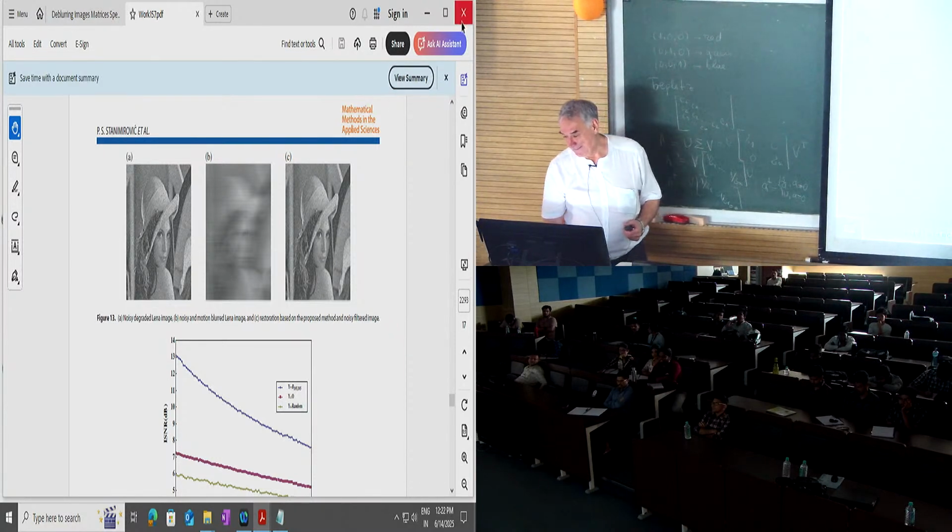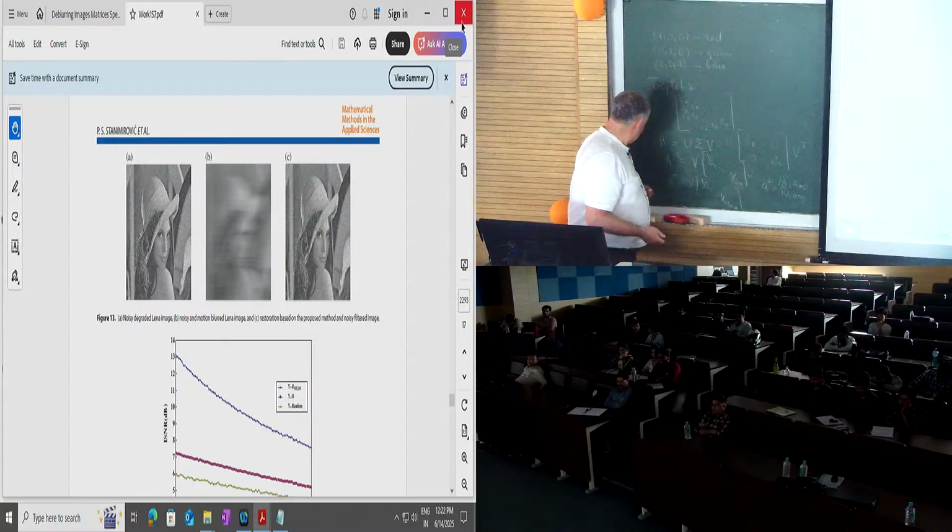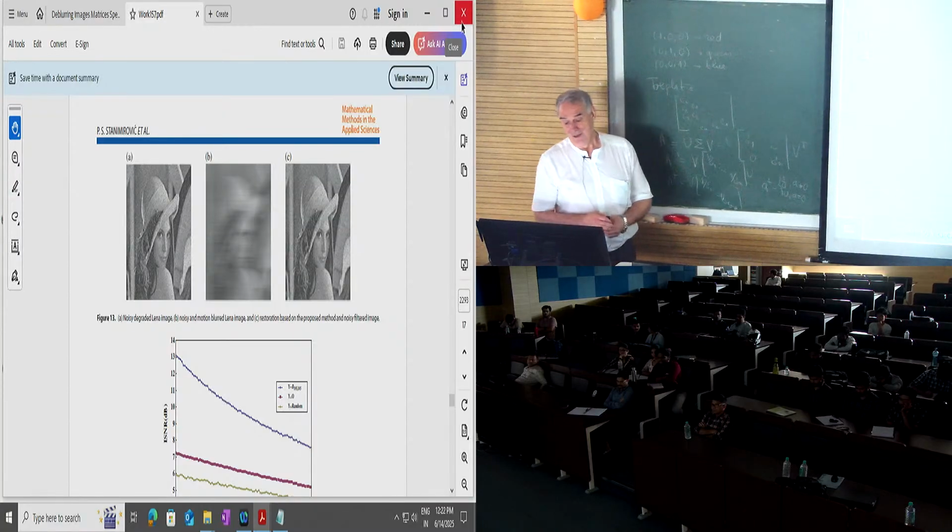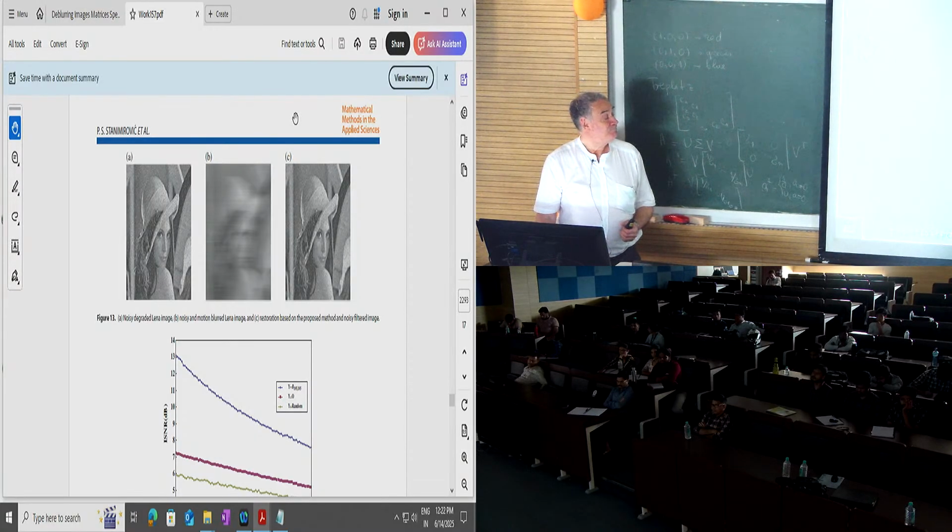Okay. I wanted to show here an application to see that the Moore-Penrose inverse can sometimes be applied. I wanted to show the influence of ill-conditioning.